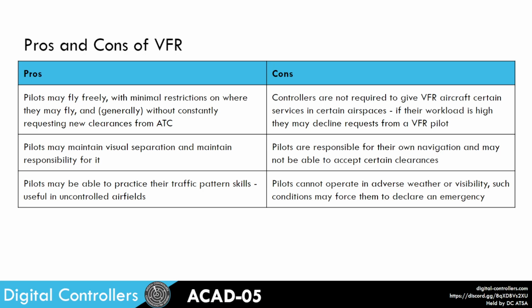Pilots also maintain visual separation with each other and therefore have responsibility for separation, which makes it far easier to conduct things like formation flights. And pilots are able to practice traffic patterns, so being able to practice lots of landings and approaches in quick succession, which is quite common at uncontrolled airfields.